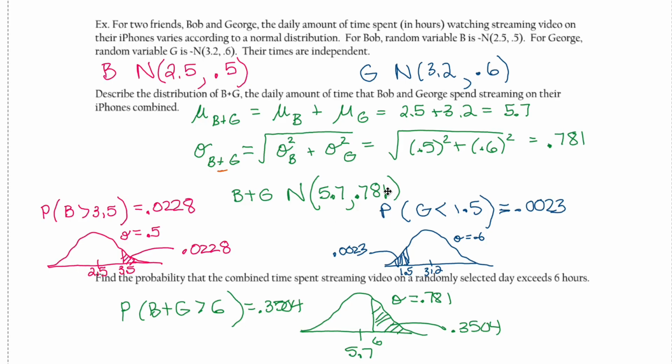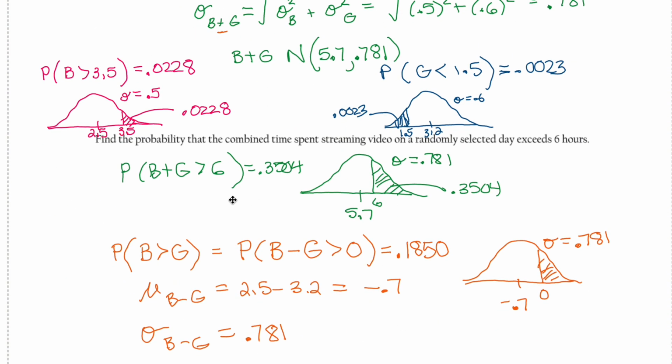Actually it's not so bad, because after you find the mean and standard deviation for the combined normal distribution, you simply apply the same format on your calculator. Label mean and standard deviation, and type 6. For the upper bound just type an extremely large number, and you will get the area right here, 0.3504. So that's the value.